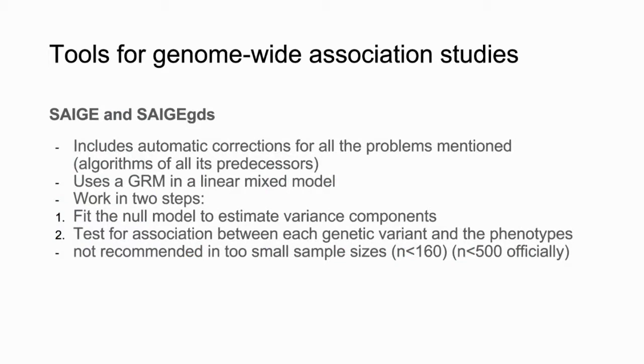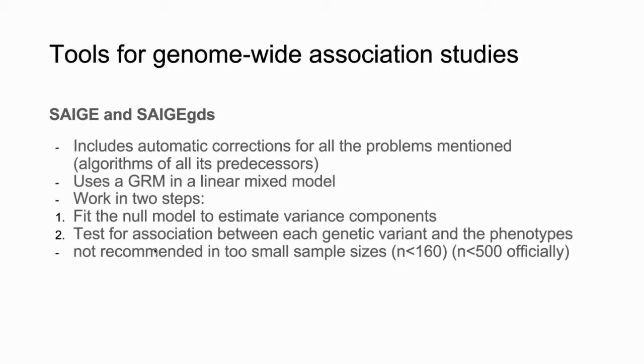So now I'm going to focus a little on the main tool that we use for now. As I mentioned, it includes the algorithm of all the others. It uses a genetic correlation matrix, and for efficiency, it works in two steps. The first one fits the null model to estimate the variance components of the phenotype. So it takes the phenotype and the correlation matrix and does a regression with them together.